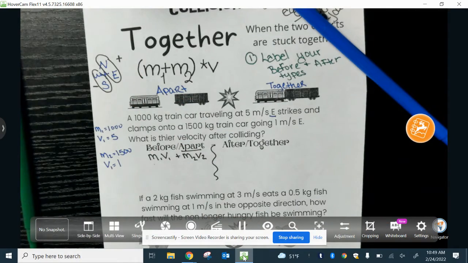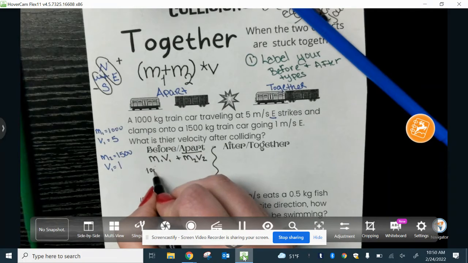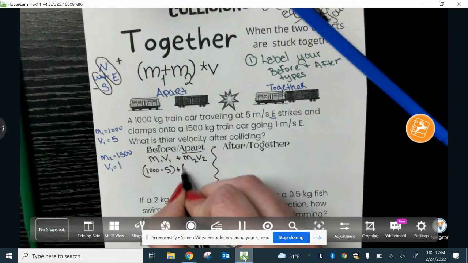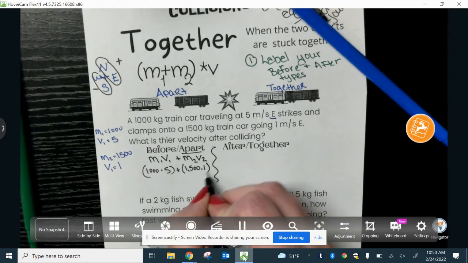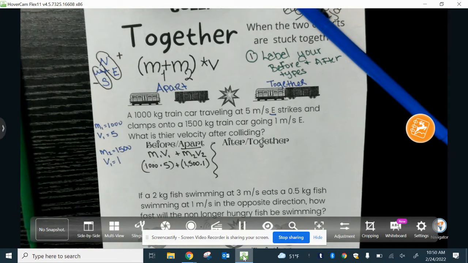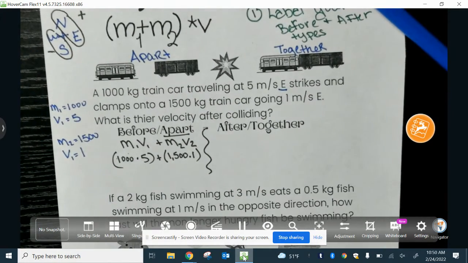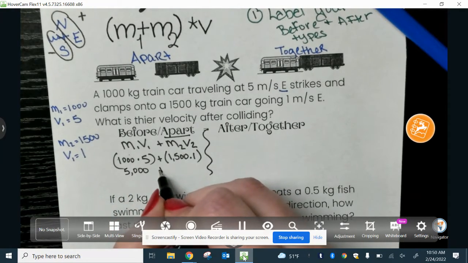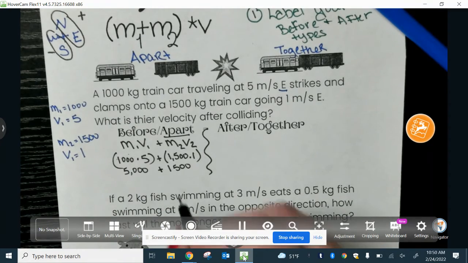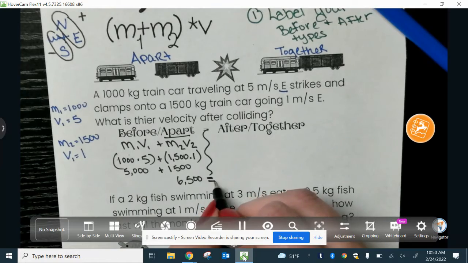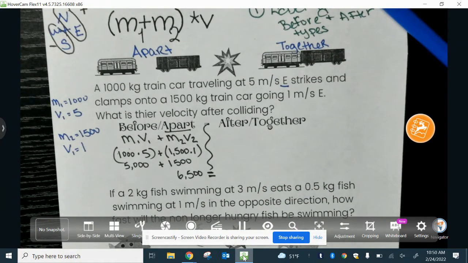I'm going to just go ahead and solve for this side of the equation. After you plug everything in and solve through, you should get 6,500.